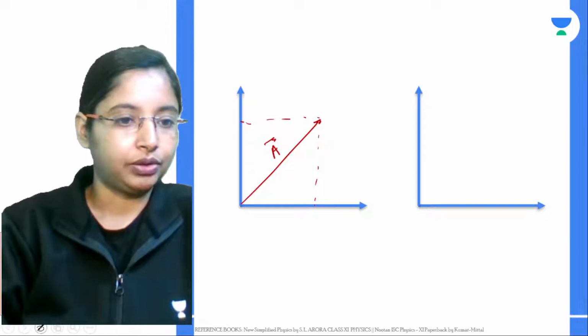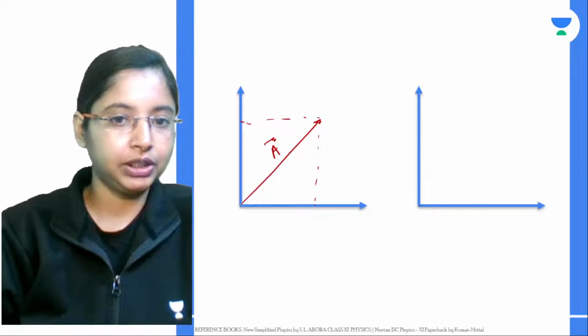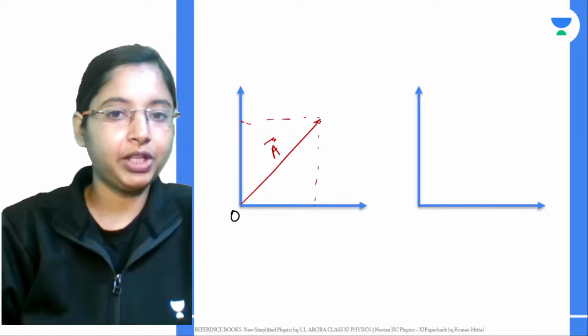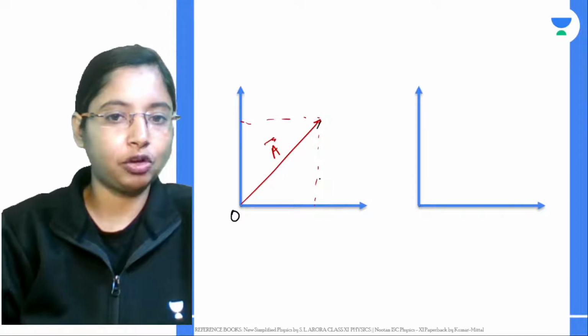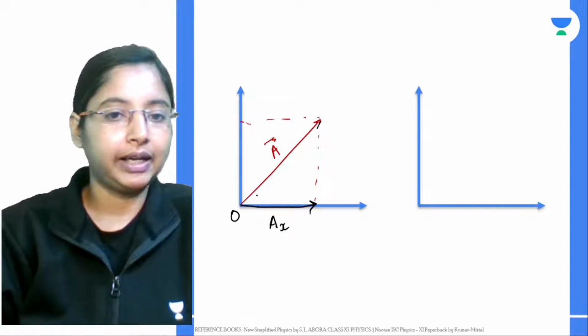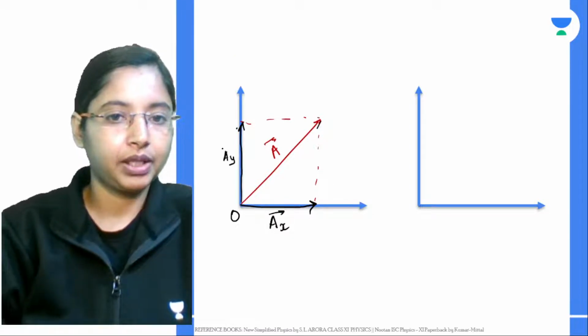To do that, from the origin take the x-axis and y-axis. From the top, where the vector is ending, drop a line. From the origin to this point, this will give you your horizontal component, and this will give you your vertical component of the vector.